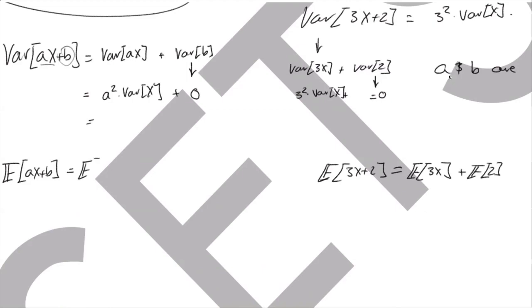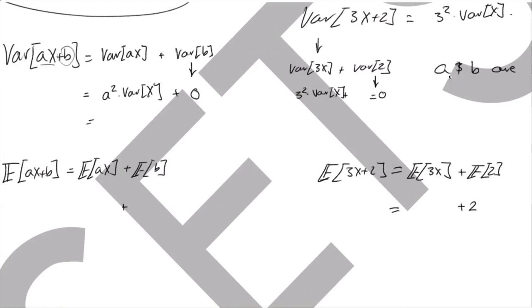Even here, this is expected value of ax plus the expected value of b. Now I want you to look on the right-hand side over there. Expected value is like, what do I expect the value of this thing to be? What do I expect the value of 2 to be? 2. So again here, what do I expect the value of b to be?